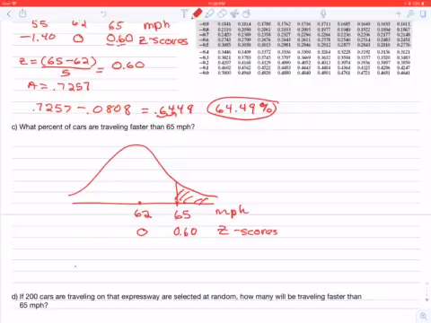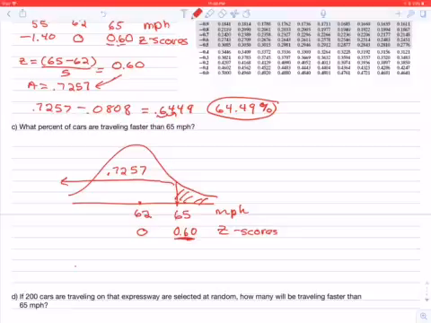So I'll use my table to find the area to the left. That's all my table will do, the area to the left of that z-score. Well, we did that. The area to the left of a z-score of 0.60 was 0.7257. Not the area we want.